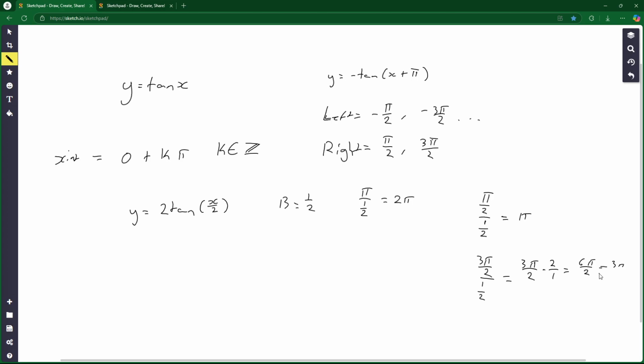Tangent x. Let's see. Y is equal to 2 tangent 1 over 2 x. B is equal to 1 over 2. Yep. Pi over 1 over 2 is 2 pi. That's our period.